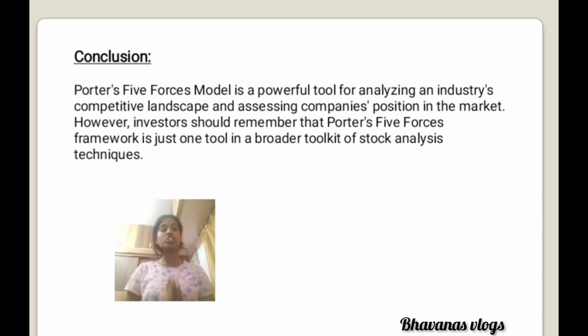In every industry it is very important. So this is about the Porter's 5 forces model. I hope you understood the meaning and how to apply this 5 forces model.